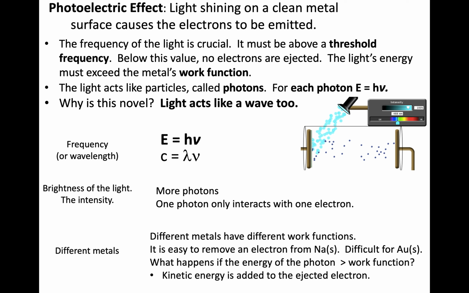I could talk about the wavelength of that light because I can do conversions using c equals lambda nu as well. So I need you to understand that the frequency was crucially important. It needed to be above this threshold value. And if it wasn't being ejected, you needed a higher frequency, which meant a shorter wavelength.